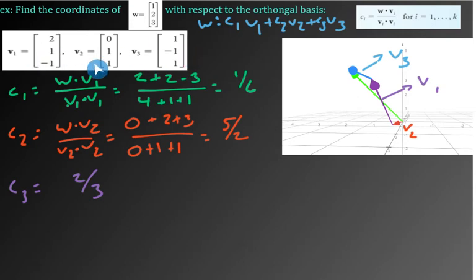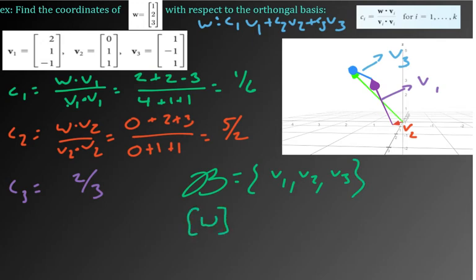If script B is the set v1, v2, v3, then w with respect to this basis is (1/6, 5/2, 2/3).